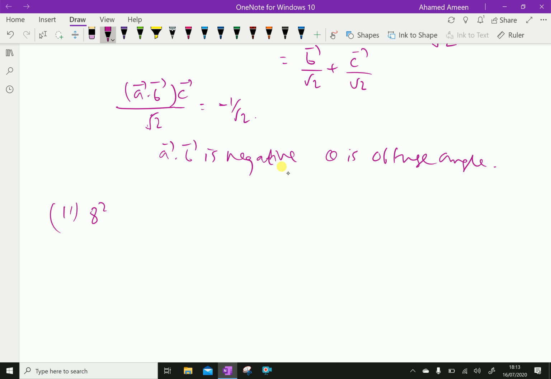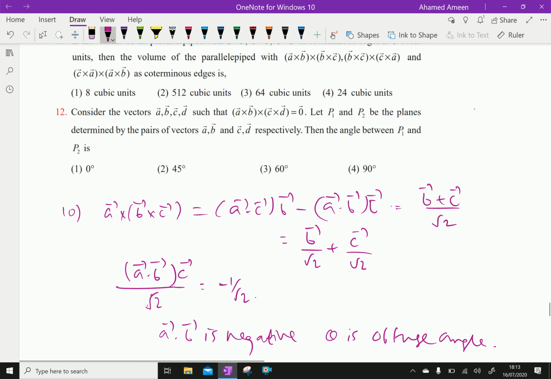Since the first one is 8, everything is squared, because the volume is squared. So it is 64 cubic units.